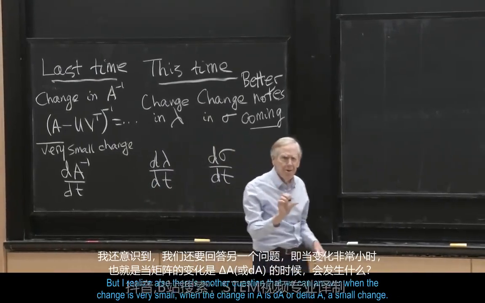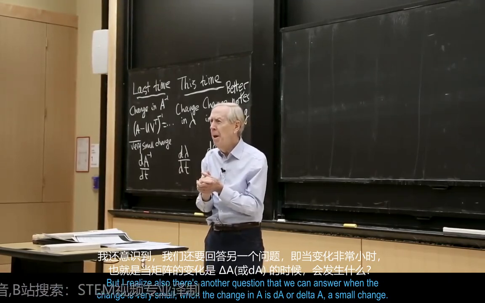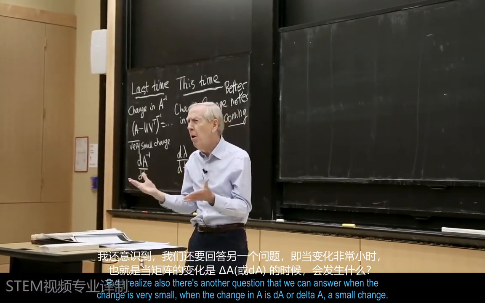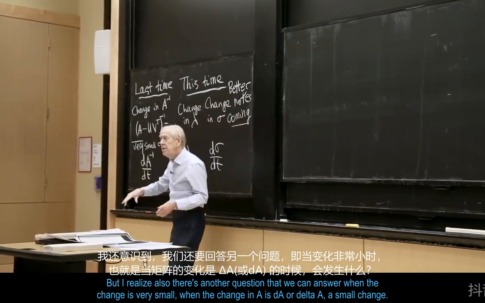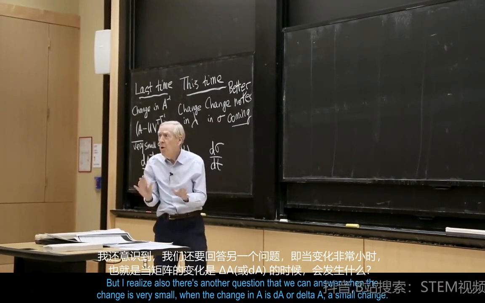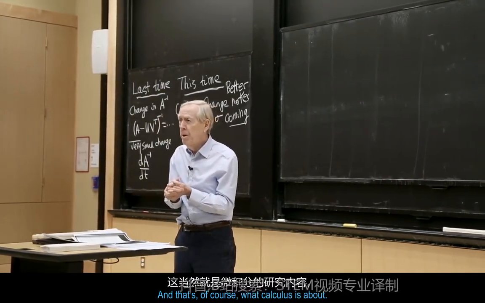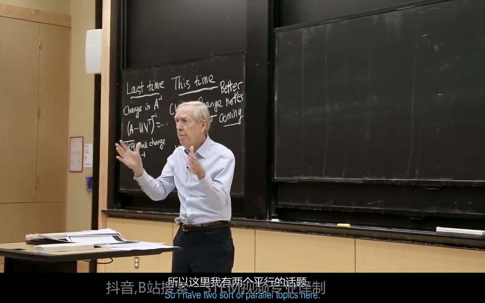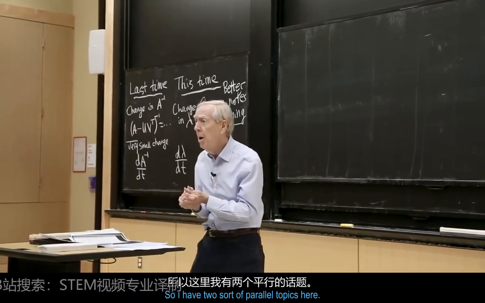But I realize there's another question that we can answer, when the change in A is dA or delta A, a small change. And that's, of course, what calculus is about. So I have two parallel topics here.